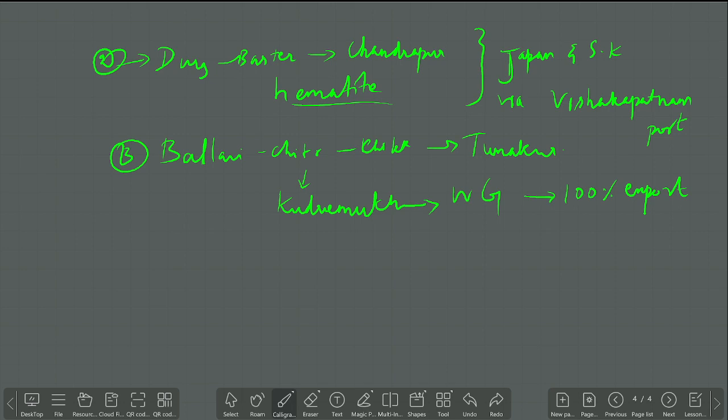Kudremukh deposits are known to be one of the largest in the world. One of the largest iron ore export mines is Kudremukh. The iron ore is transported in a slurry through a pipeline to a port near Mangalore. When we speak of Chhattisgarh and all those, Visakhapatnam port is nearer.